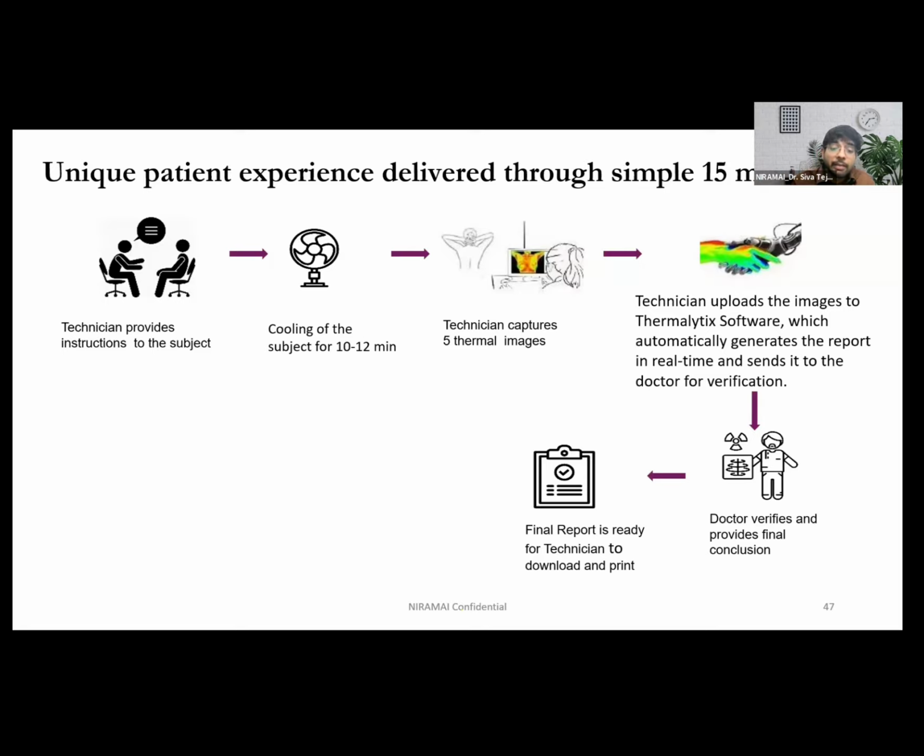We need to stabilize them so that any superficial heat patterns get erased and the patient is in thermal equilibrium with the surroundings. After that, we capture 5 different views because if you take a single view, we might miss the heat pattern coming from the sides. So to cover the 180 degrees of the breast region, we capture 5 different views, upload them, and the doctor verifies and generates the report.